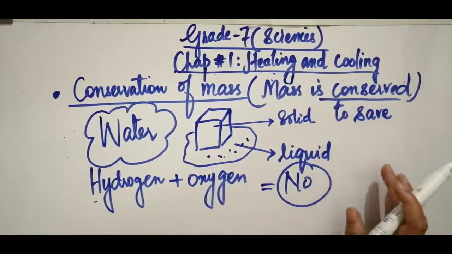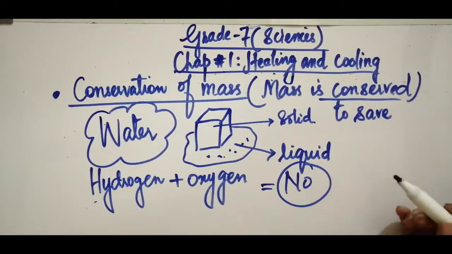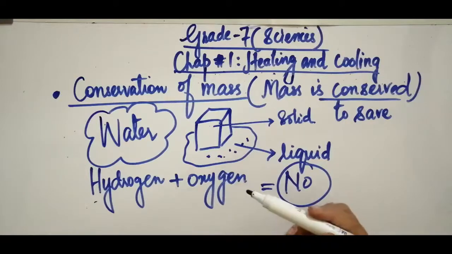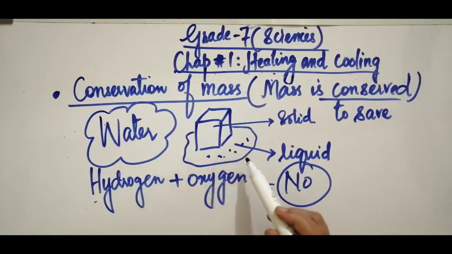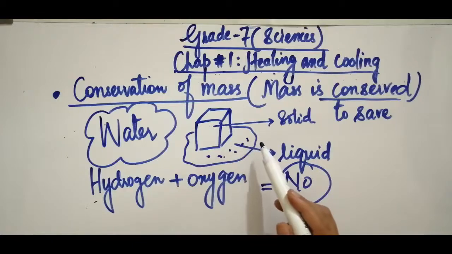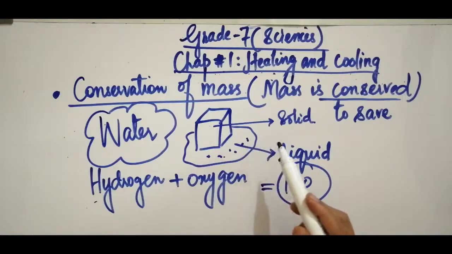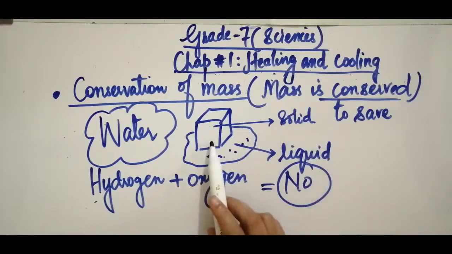One more thing which is important here: normally we have seen in the case of an ice cube, why is it melting? Why does it seem to convert from its solid state into the liquid state? So why is the ice cube melting? What is the reason behind it? Because heat energy from the surrounding air is making its particles move faster. Whose particles? Solid particles.